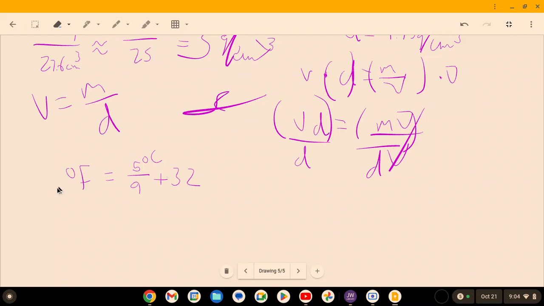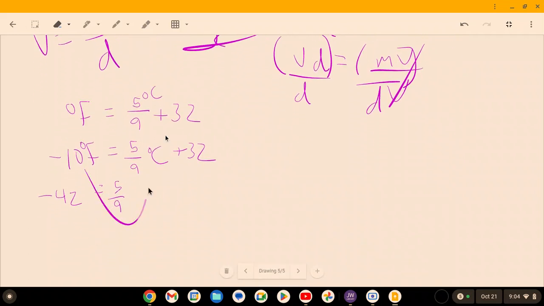So negative 10 minus 42 times 9 divided by 5. Nope, that's not right.